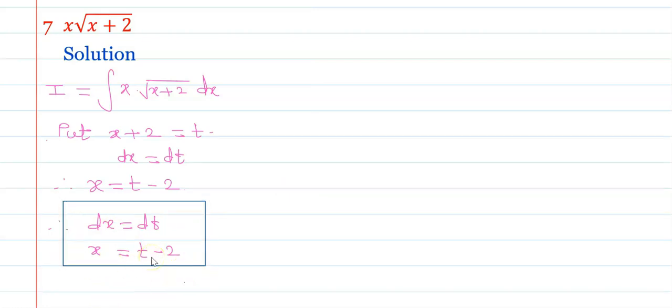Okay. Therefore, I is equal to the integral of x times root of x plus 2 dx. Put x equals t minus 2, so this is the integral of (t minus 2) into root of x plus 2.